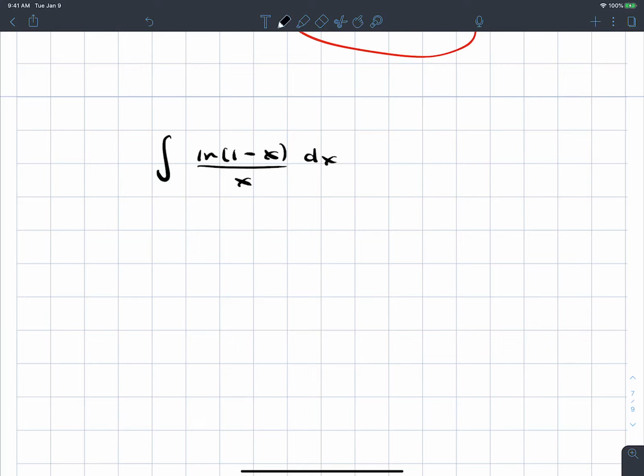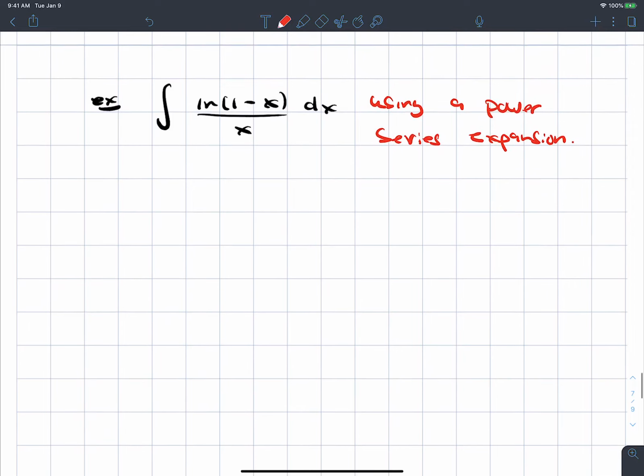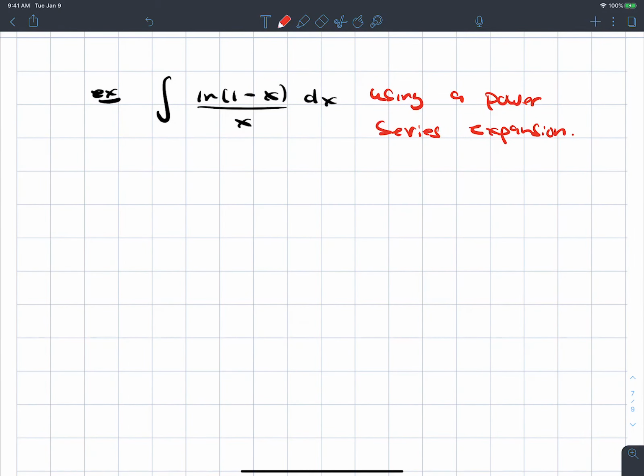And they're going to want us to integrate by using a power series expansion. So we're going to expand this with a power series. Notice if you try to integrate this, there's no known techniques to integrate. So I'm going to have to expand this function we see here because there's no techniques that we know.